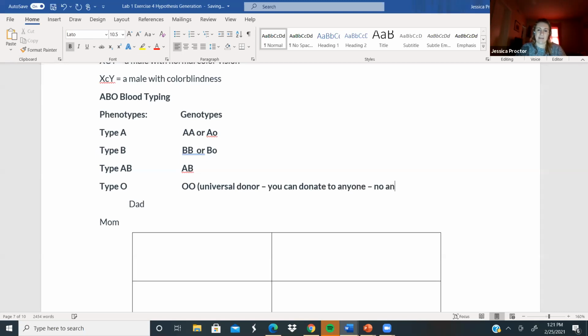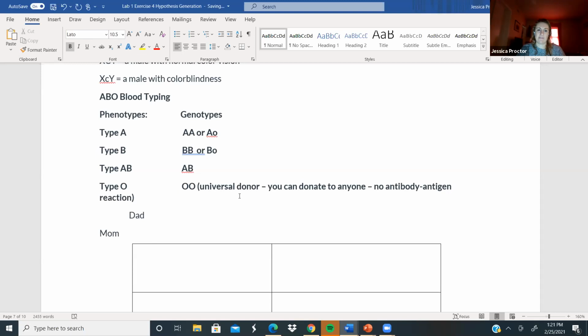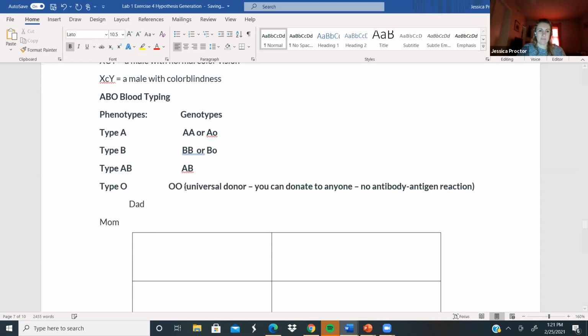Because there's no antibody antigen reaction that would cause your red blood cells to clot and clump. So you wouldn't have that if you're blood type O, that you wouldn't cause that reaction in any other blood type. And then if you're blood type AB, you're universal recipient, meaning that you can receive blood from anyone.